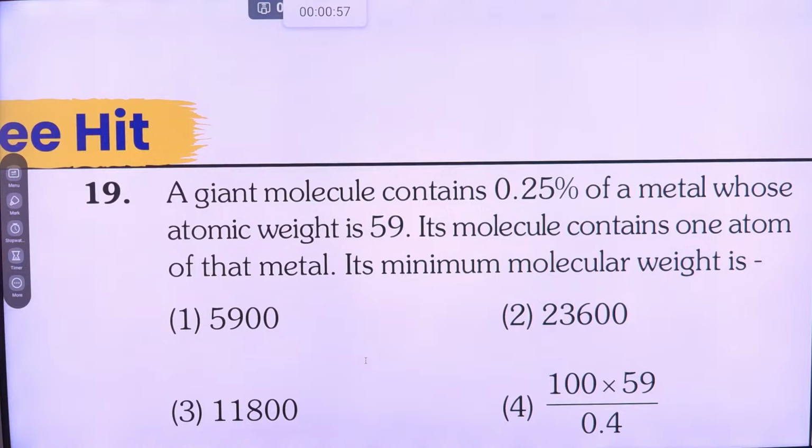A giant molecule is there, 0.25%. Giant molecules. Its molecule contains one atom of that metal. Its minimum molecular weight is.